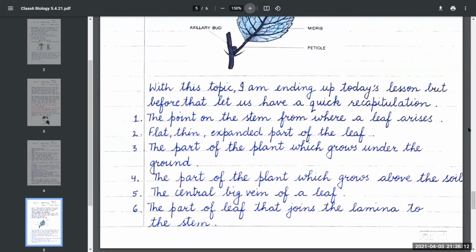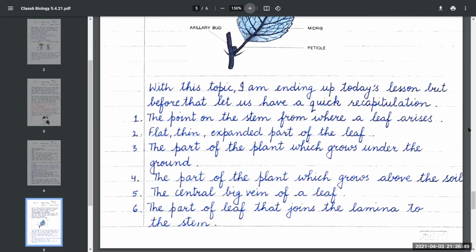With this topic, I am ending up today's lesson. But before that, let us have a quick recapitulation. Number one, the point on the stem from where a leaf arises. Number two, flat, thin, expanded part of the leaf.